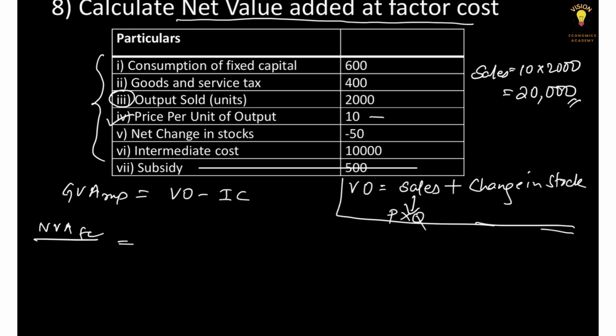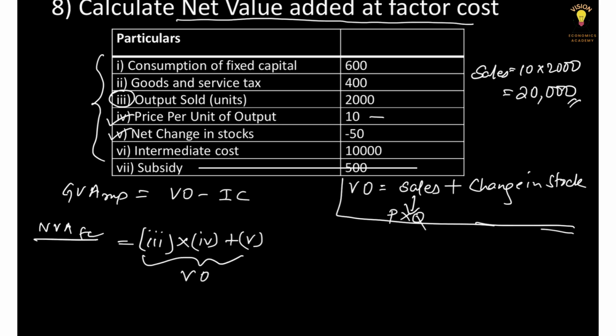What we need to include here is first the output sold into price, which will give us sales. Now, net change in stocks is given over here, so plus 5, which will give us value of output.